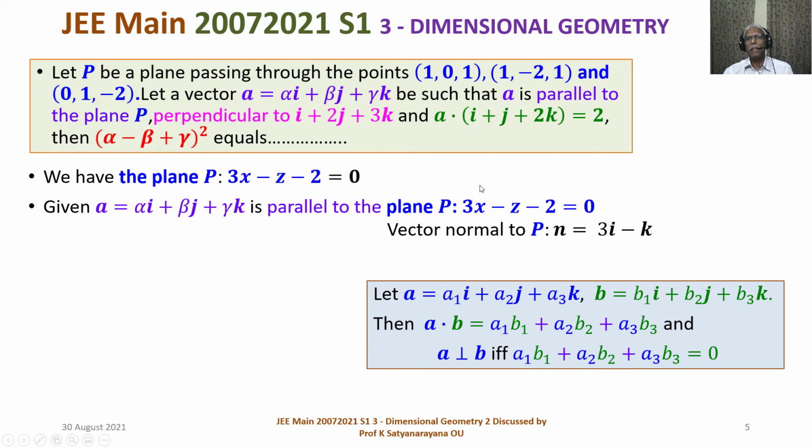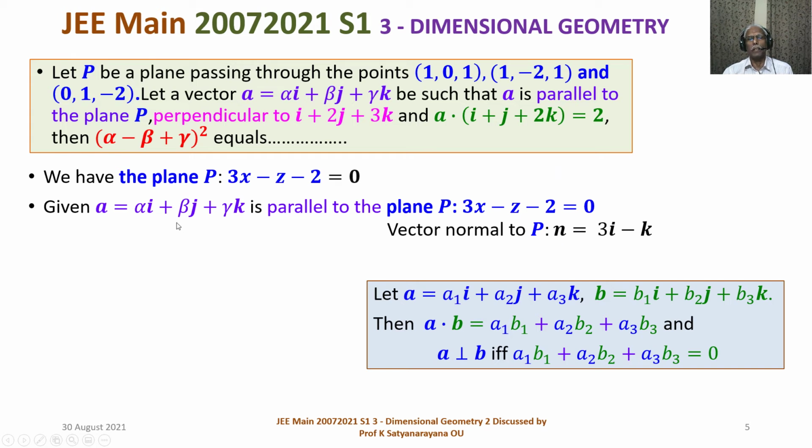So here 3x minus z, that is 3, 0, minus 1 are the corresponding direction ratios, and the normal vector to this plane will be n = 3i minus k. So A is parallel to the plane, but this vector is normal to the plane.